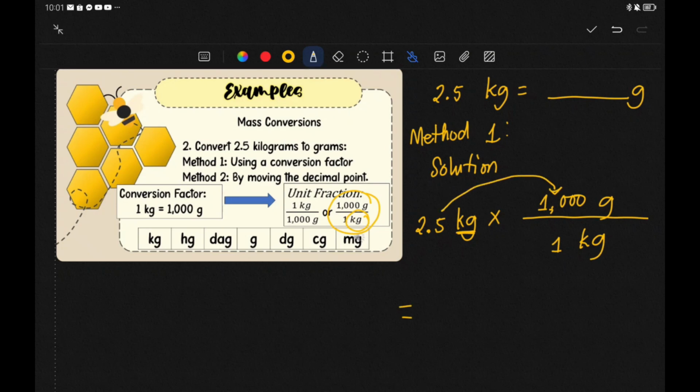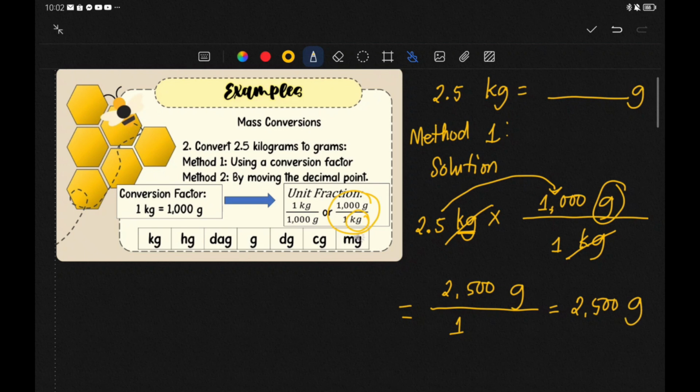What is that? 2.5 times 1,000 is equal to 2,500 over 1. Now, we need to cancel this out. Grams is what remains. Now, 2,500 divided by 1 is 2,500 grams. So, therefore, 2.5 kilograms is equal to 2,500 grams.